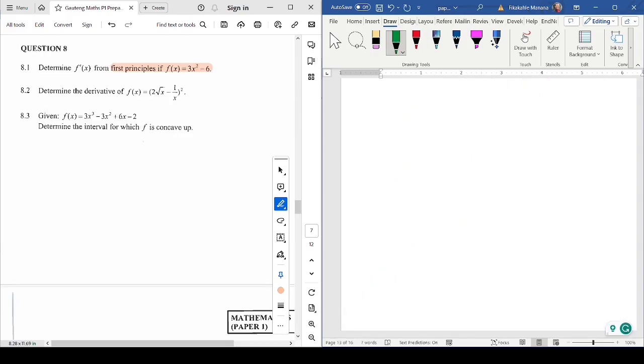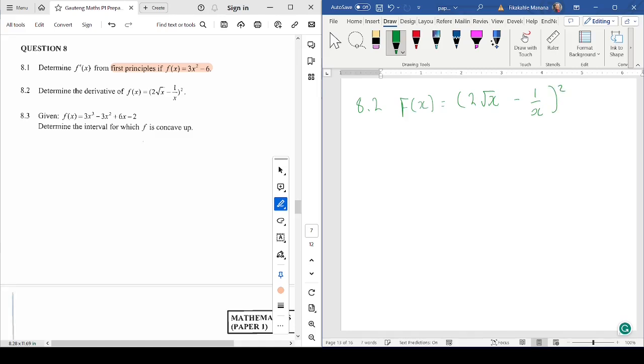Okay, let's look at the next question, which is 8.2. Determine the derivative of f of x. So f of x is given by, open the bracket, it's 2 square root of x minus 1 over x, squared.